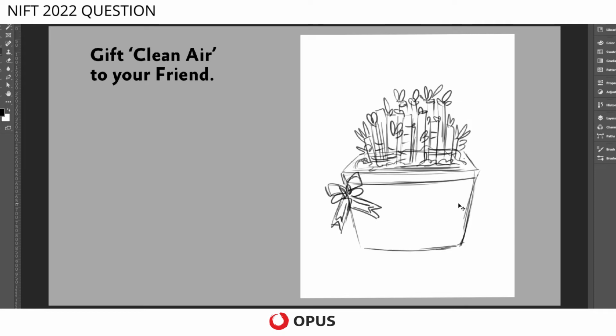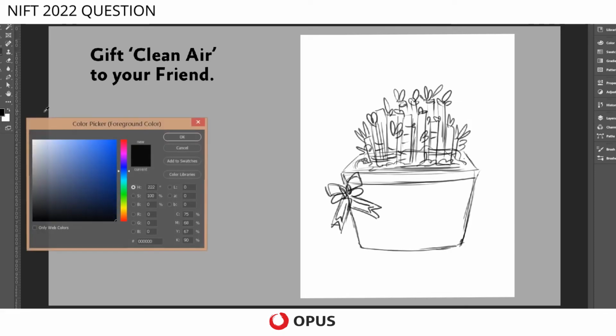Let's first give a little bit of color to the plant itself.